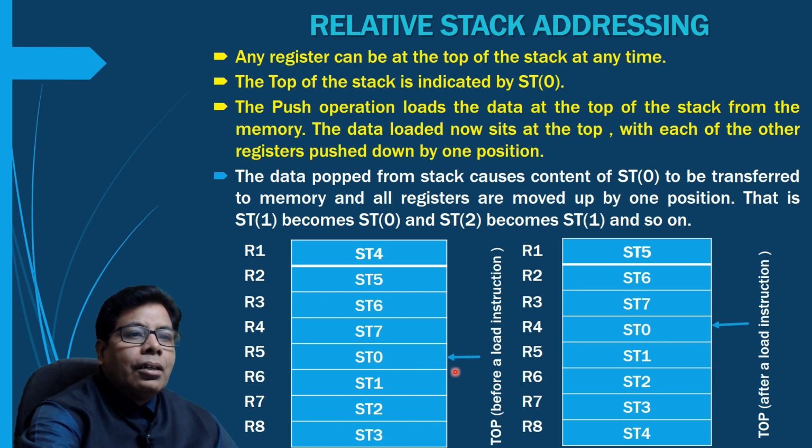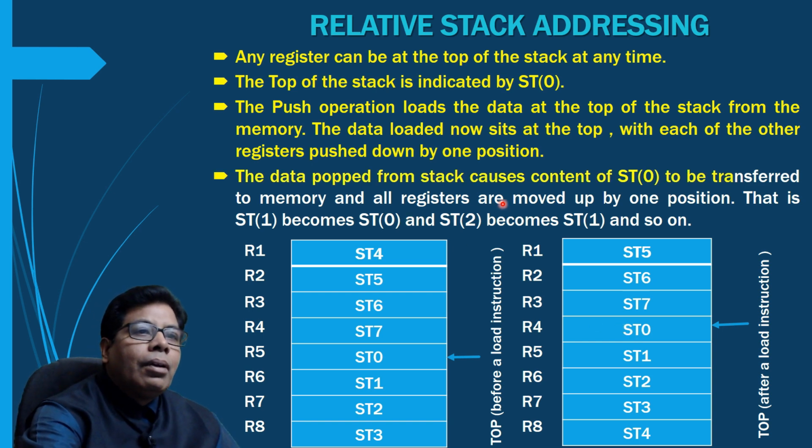Now when we push data onto the stack, the top has changed to R4, but still this will be represented as ST0. Now how will it be doing it?